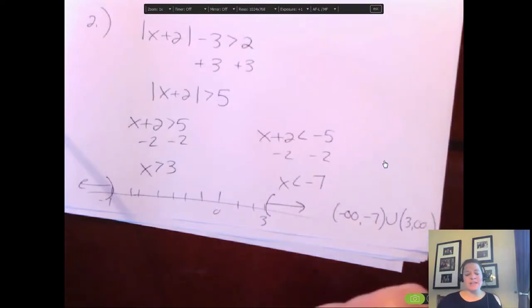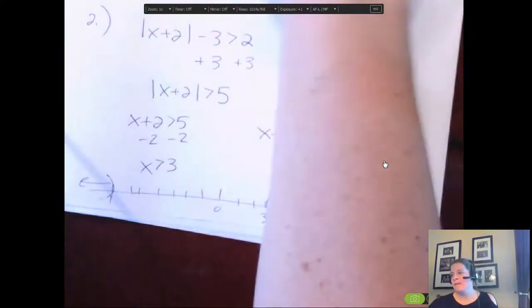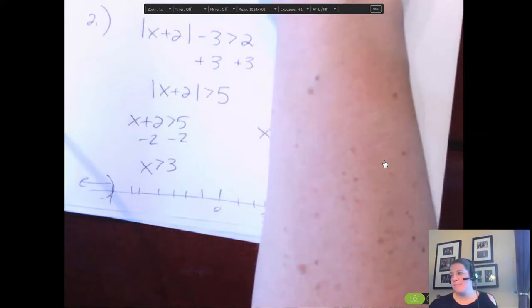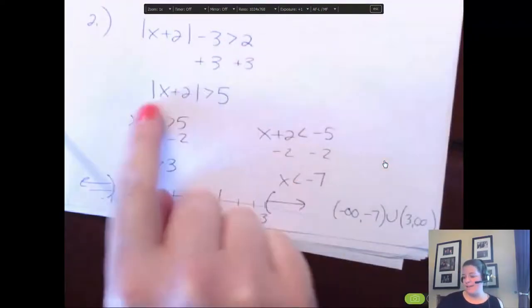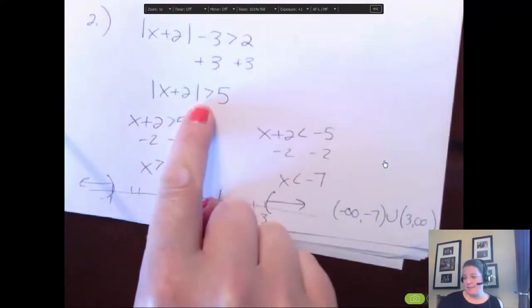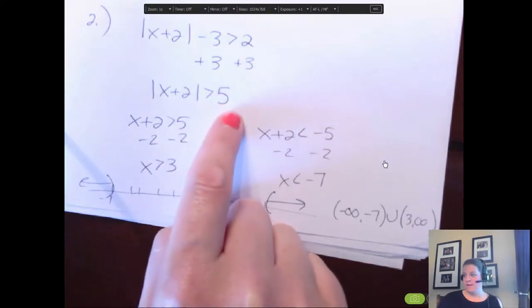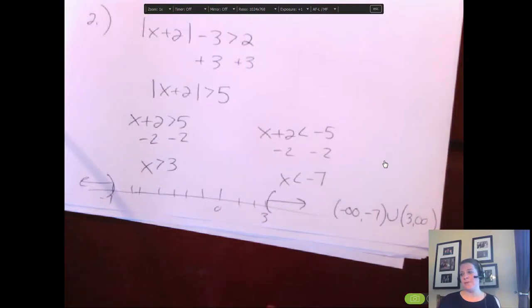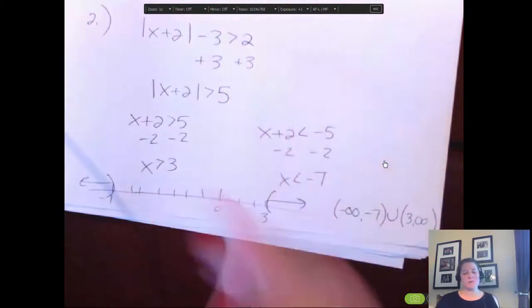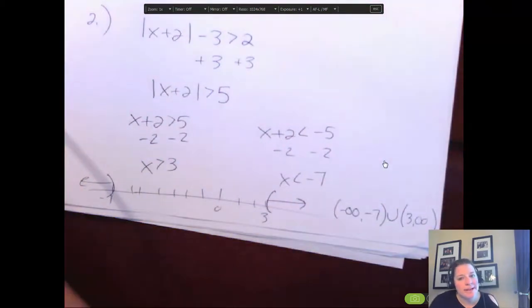Also, if I had the absolute value by itself, like at this step, and said it was less than 0, you couldn't have a solution. You have to be careful, it can't ever equal a negative. So there are some tricky ones that could be thrown at you. Otherwise, that's the gist of how you do those ones.